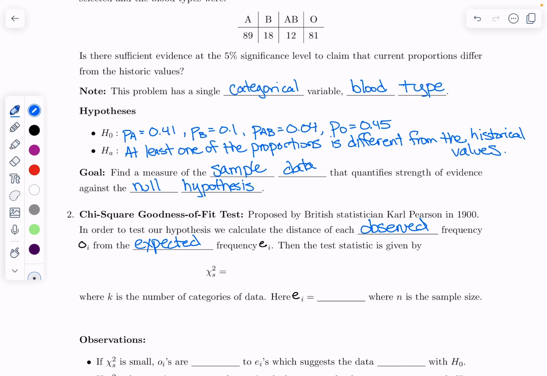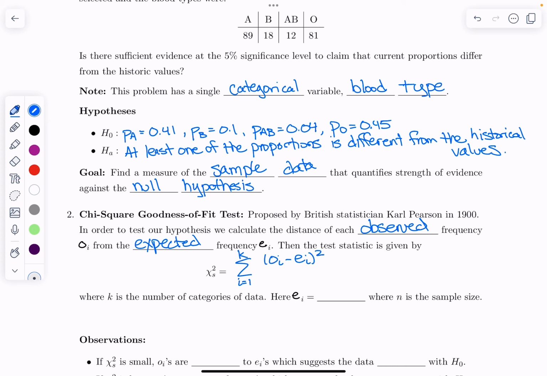So what we're going to do is sum over all the categories to find this chi-square statistic. Here, this is the Greek letter chi. And the thing that we're going to sum up is the difference between observed and expected frequency.